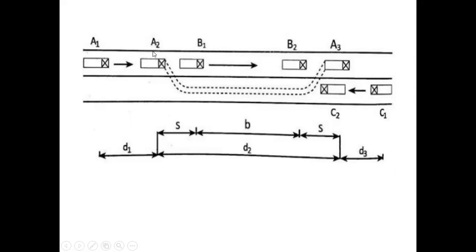The concept here is that vehicle A is going to overtake vehicle B. Initially, A will be coming at a very high speed, but when the driver sees the slow moving vehicle B ahead, what will be the tendency of A? It will also slow down, because there is a vehicle ahead. So the speed of vehicle A will be reduced to the speed of vehicle B.